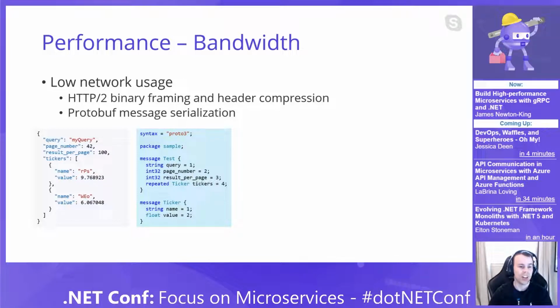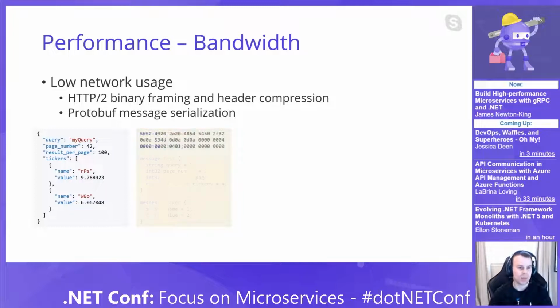There's no point sending query and saying query is a string, page number, results per page. Both sides already know this information. So having the contract on both sides allows us to remove unnecessary information and just focus on the actual data itself. Although these two bits of text look about the same size, the actual content that's getting sent with protobuf is just very small binary.